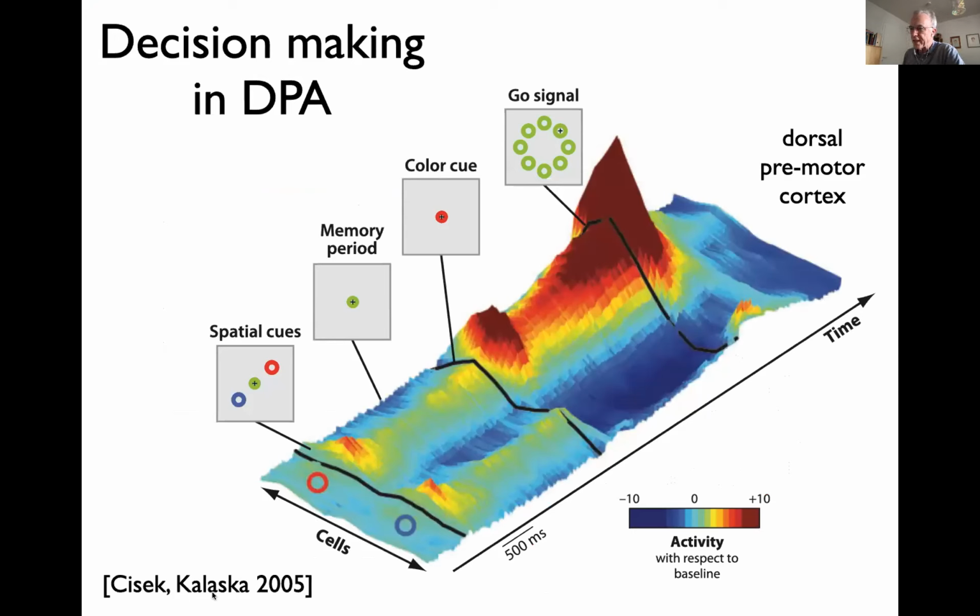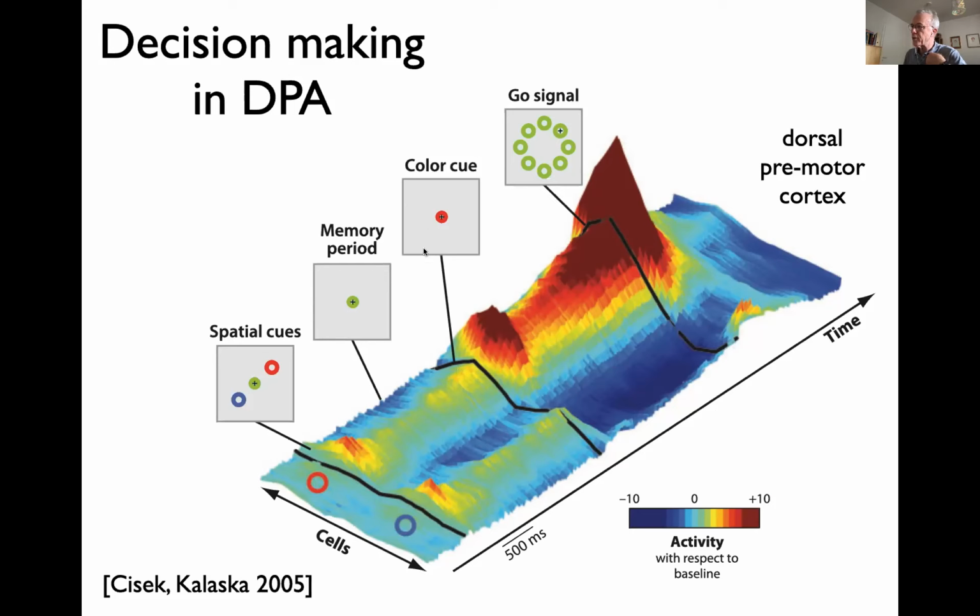This is Paul Cisek and John Kalaska's lab, who did the same experiment a little later, but they introduced choices that were very far from each other, like 180 degrees. In dorsal premotor cortex, they were able to see activation at the two possible choices for a while, while the monkey had to hold the response.